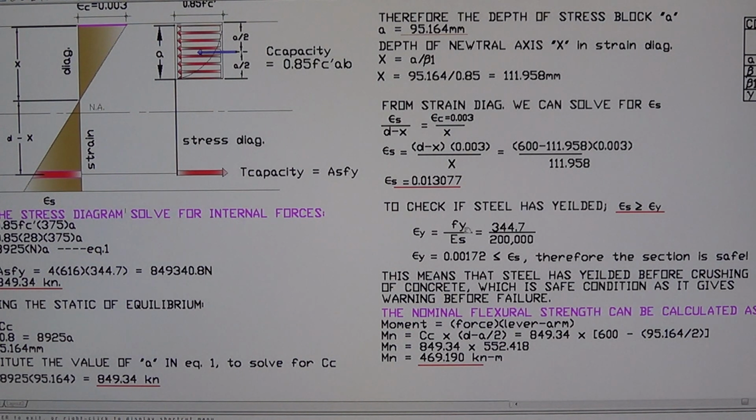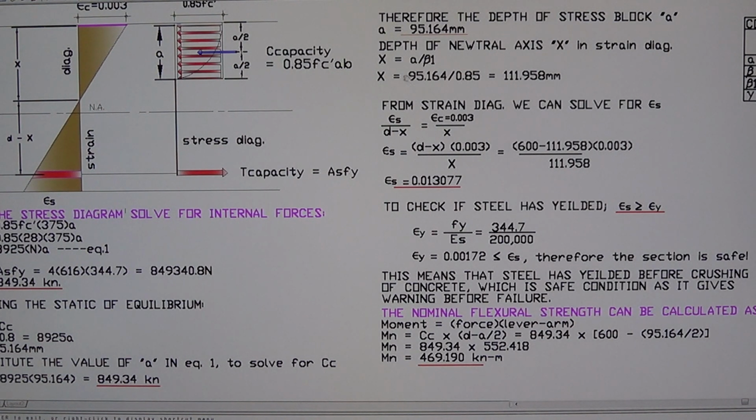Therefore Fy is 344.7 MPa divided by 200,000 MPa, so EY is equal to 0.00172, and this is less than the strain of the yielding steel.